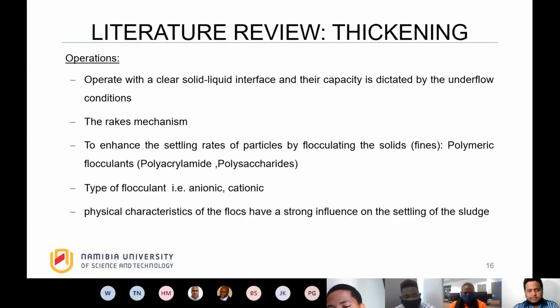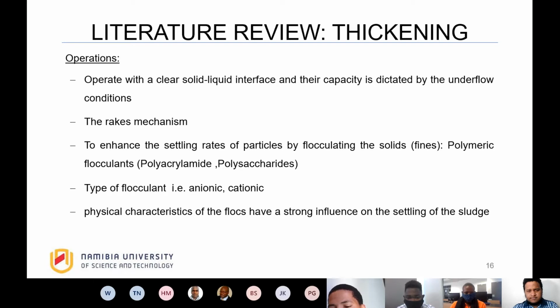So, in simple terms, we would want to have a clear solid-liquid interface in our thickener, whereby we recover our water in the overflow and the solid particles that have settled in our underflow.